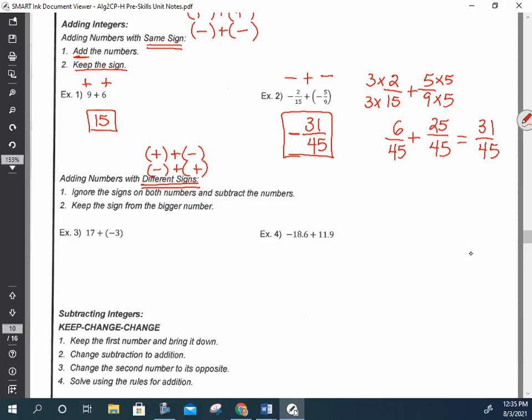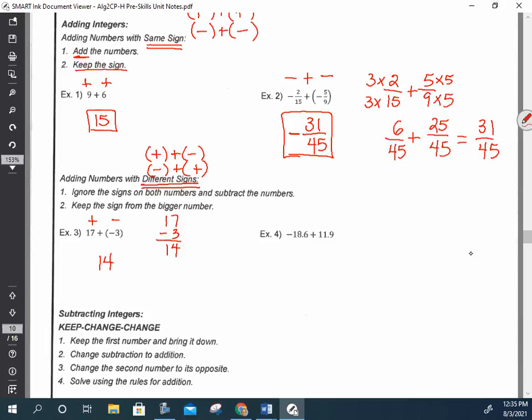So 17 plus negative 3, a positive plus a negative. First off, ignore the signs and just subtract. 17 minus 3 is 14. Step 2: keep the sign from the bigger number.